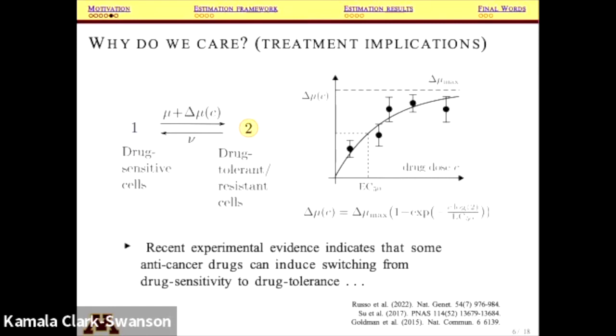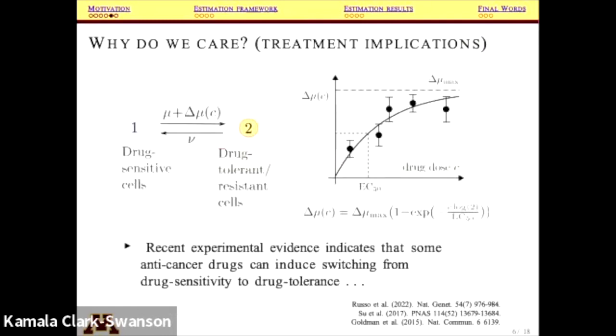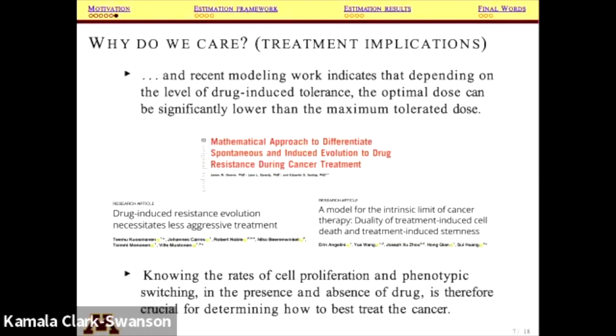So in that case, the switching rate mu there would actually change or increase as a function of the drug dose. And other more mathematical papers have indicated that depending on the level of induction, so depending on how much the drug affects the switching rate into tolerance, the optimal dose under continuous therapy, for example, can be much lower than the maximum tolerated dose.